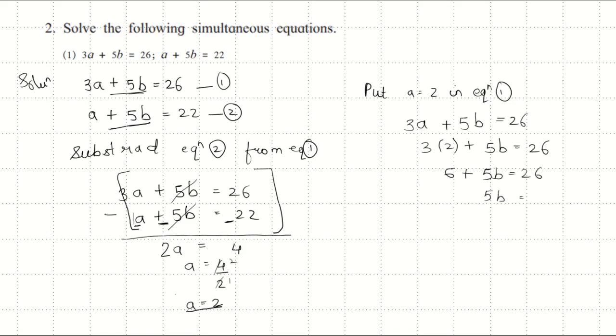Therefore 5b is equal to 26 minus 6. If this 6 comes to the right hand side, it will become minus 6. 5b is equal to 20. b is equal to 20 upon 5. Therefore b is equal to 4. So the solution is a = 2 and b = 4.